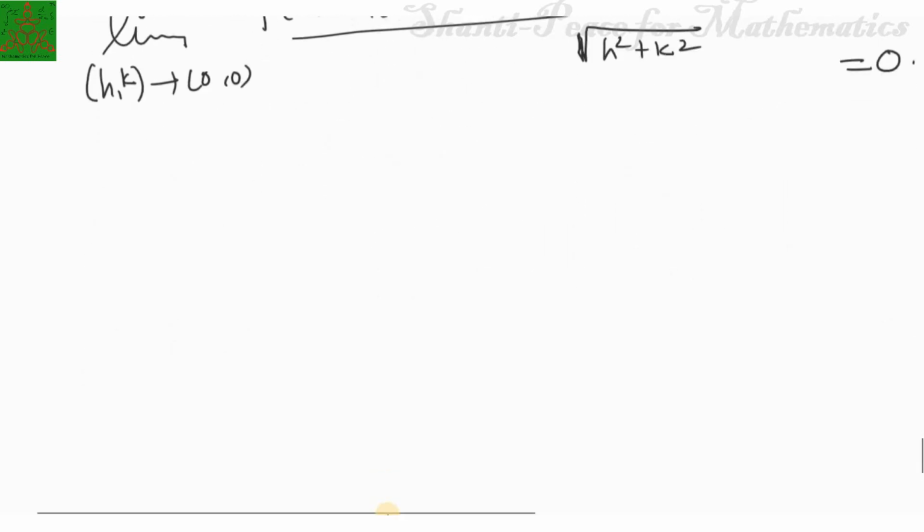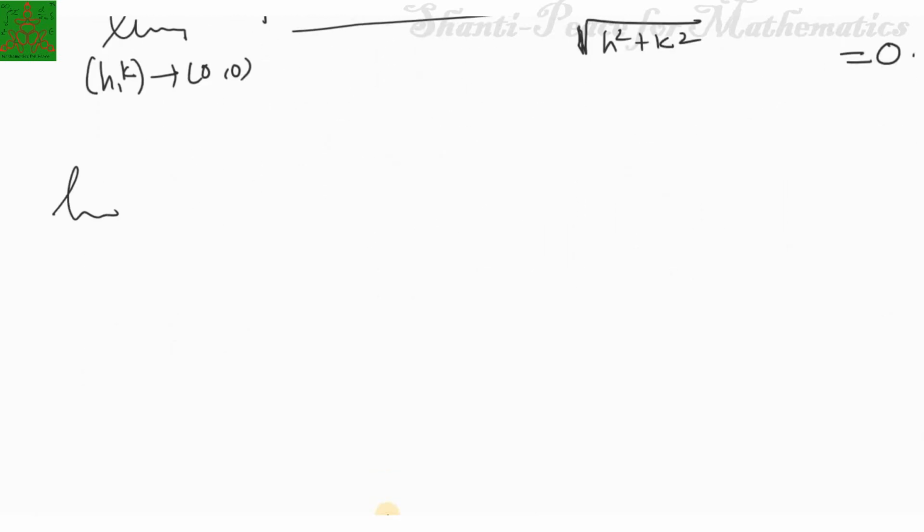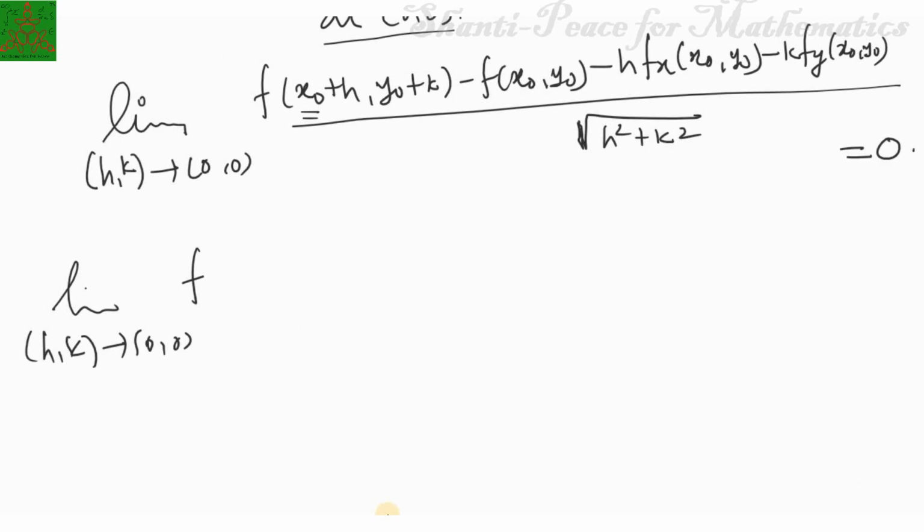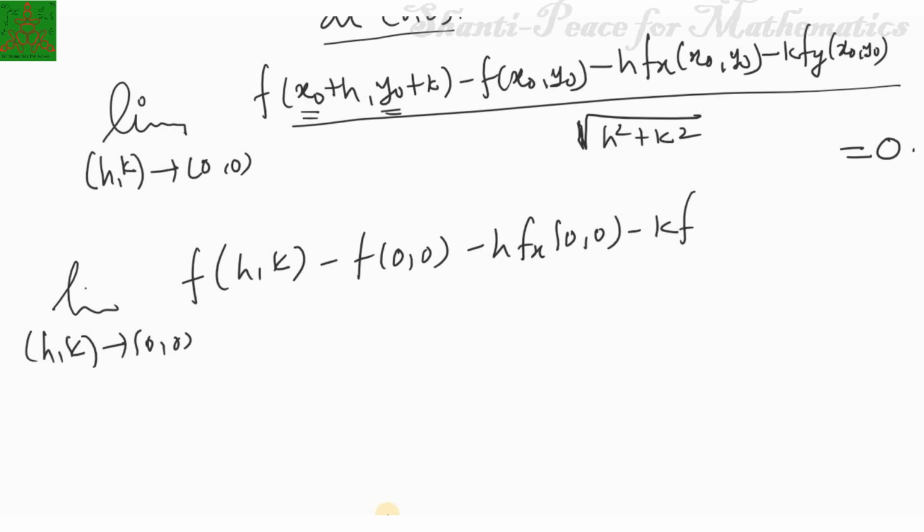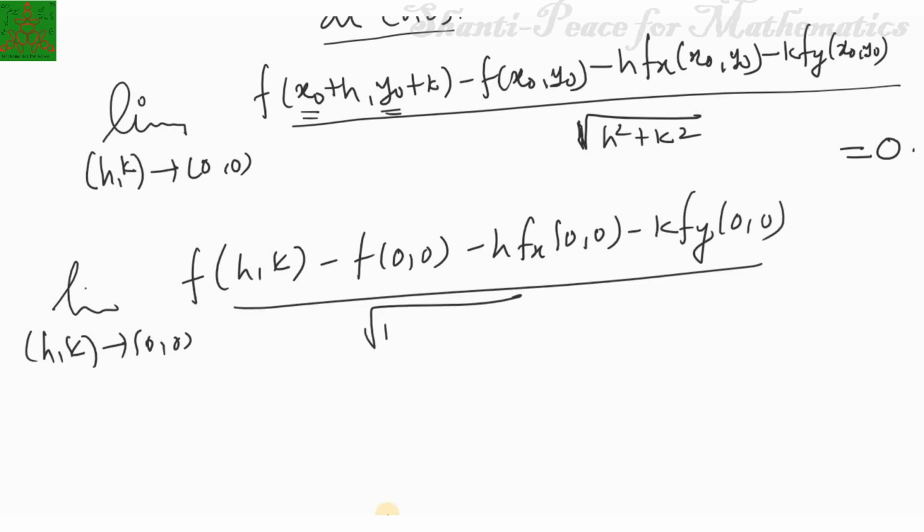So let us start with that side, that is the limit as (h,k) tends to (0,0). Here x0 is 0, y0 is 0, so that is f(h,k) minus f(0,0) minus h into fx at (0,0) minus k into fy at (0,0), upon square root of h squared plus k squared. Now what is f(h,k)?